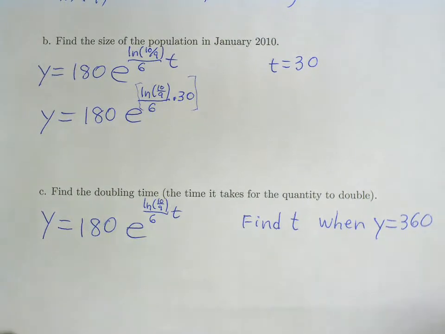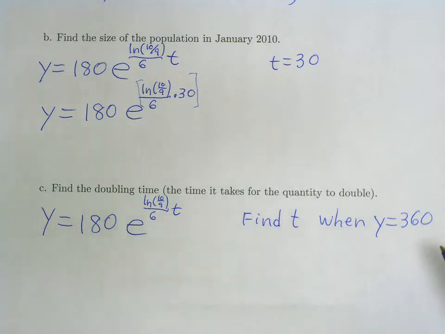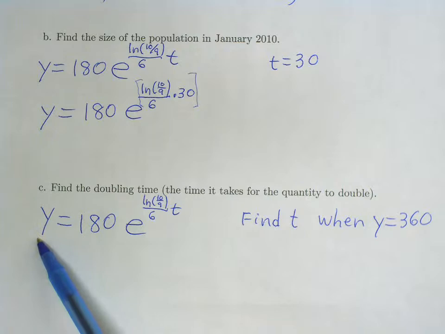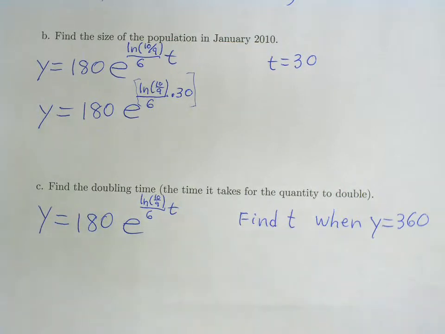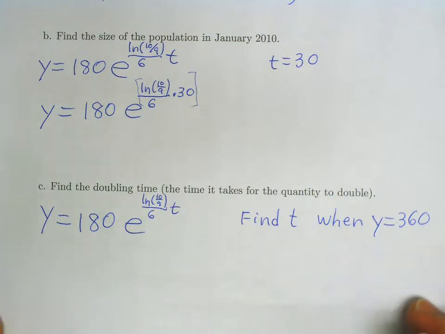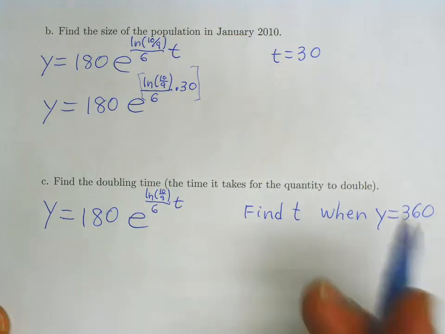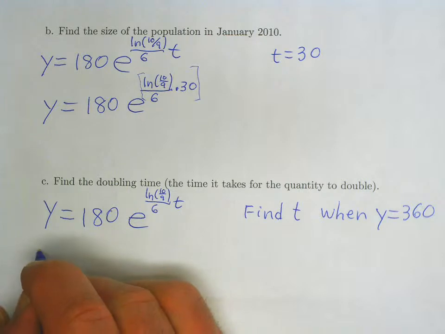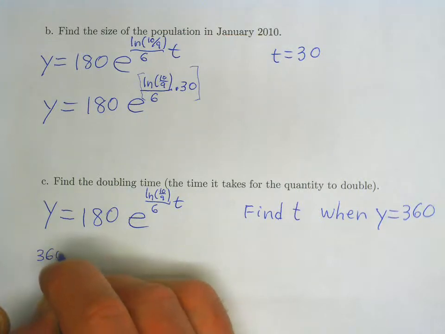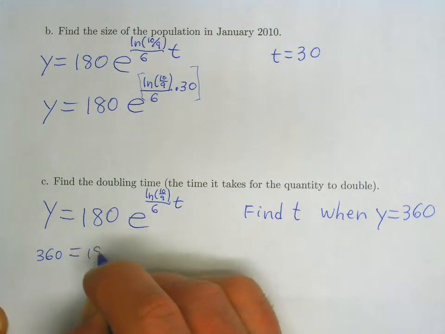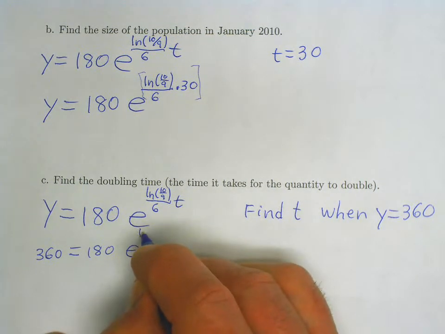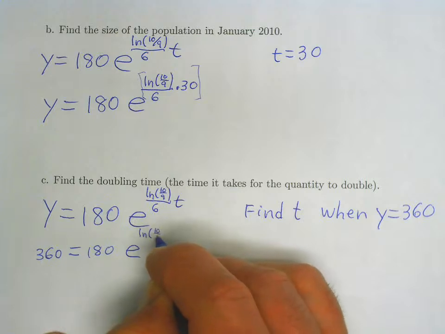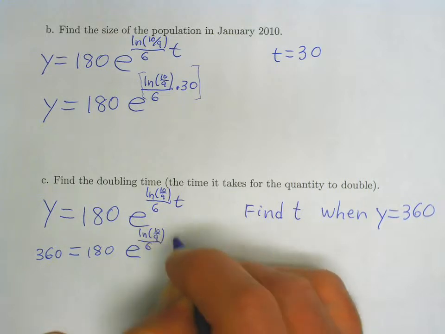Okay, so what we're going to do, and we know how to do this, is just replace y with 360 and proceed to solve that equation for t. Replace y with 360. 360 equals 180 times e to the natural log of 10/9 over 6 times t.